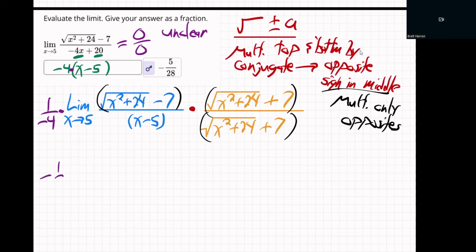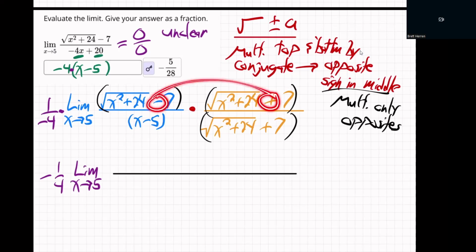So minus 1/4 limit, x goes to 5. Okay. I'm going to multiply the top because you see how this and this are opposites. Opposites, that's what we mean. On the bottom, I'm not going to multiply them. In fact, I'm just going to bring it down unchanged.